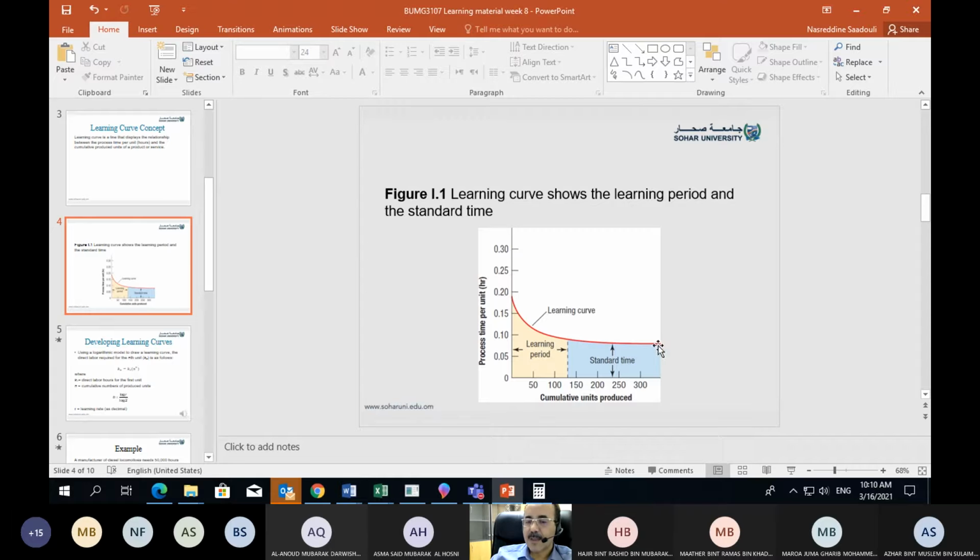How do I mathematically determine the function between the time it takes per unit versus the cumulative number of units produced? The time as a function of the number that we produce in total, cumulative, not on a period by period basis. That is the objective.